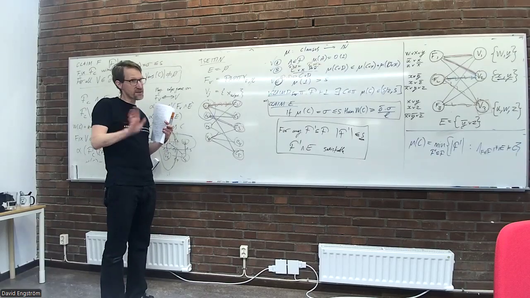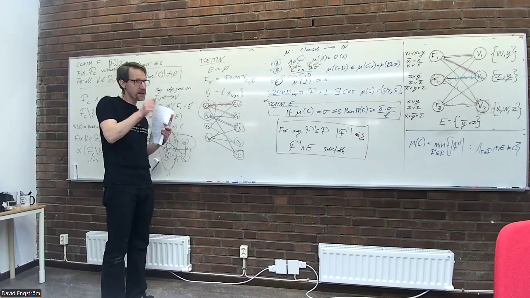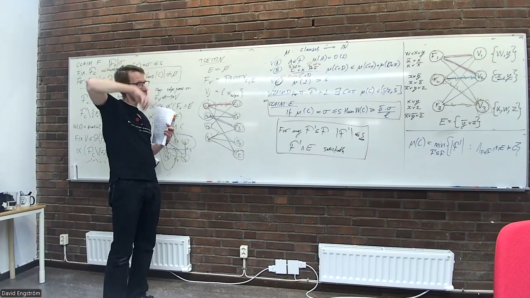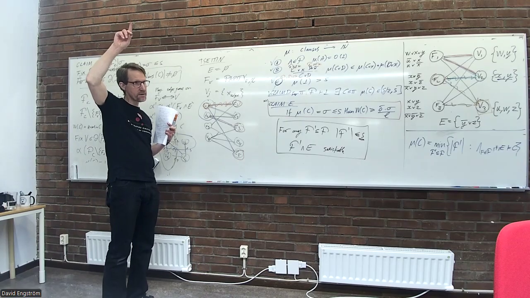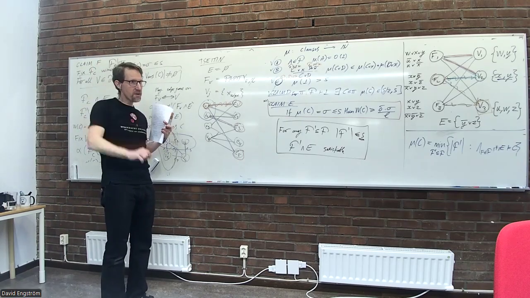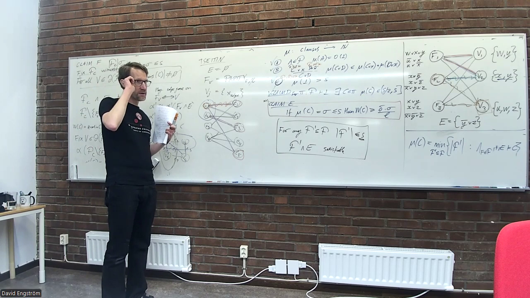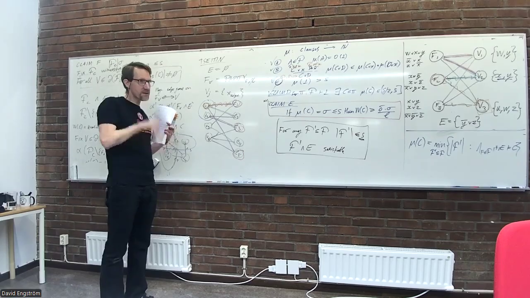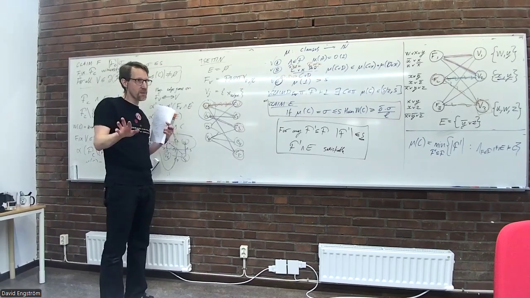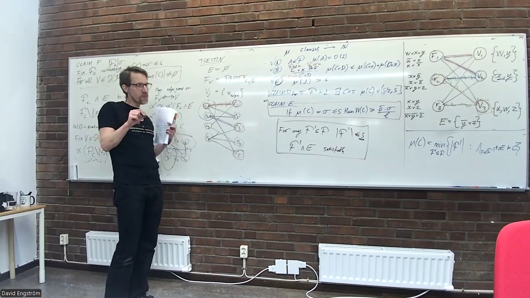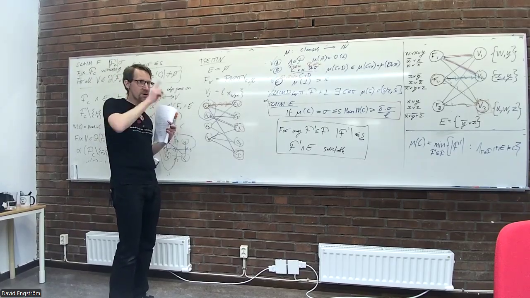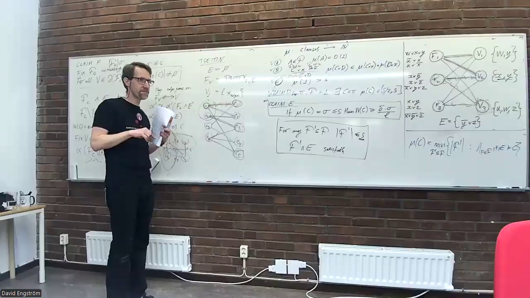I have a constant width CNF, so that's fine, but still n is the width upper bound. So in my enumerator, I cannot hope for better than n squared. I'm going to divide this by the number of variables and then exponentiate. So clearly, if the denominator is n squared, then I'm dead. But as long as it's at most n to the 2 minus epsilon, I'm going to pick up n to the epsilon and get exponential in that.